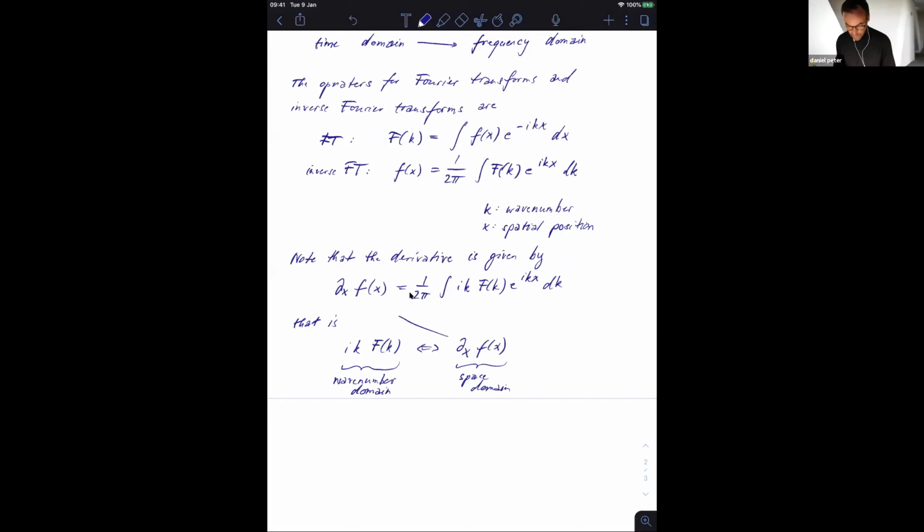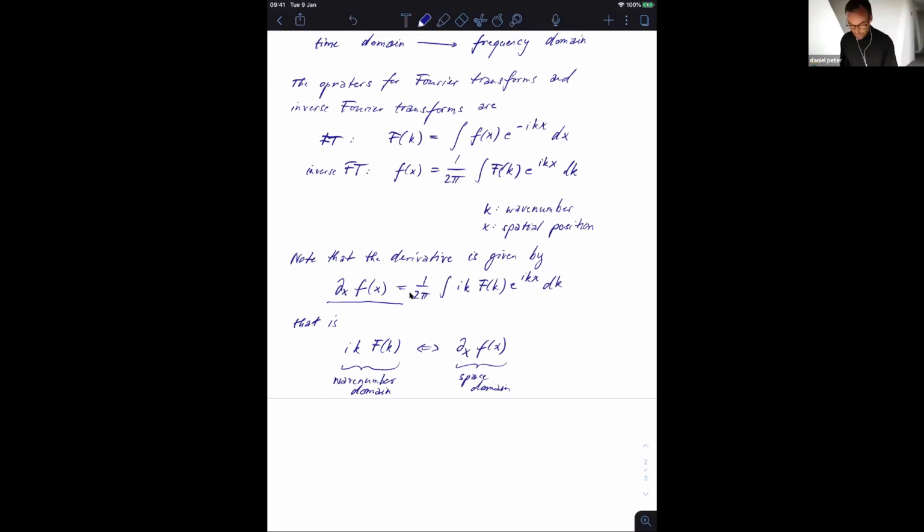See this one, this would be the expression of the derivative. It just means taking the derivative in the wave number domain is simply a multiplication of the function by ik. But I guess it might be f of x, not capital F of k.